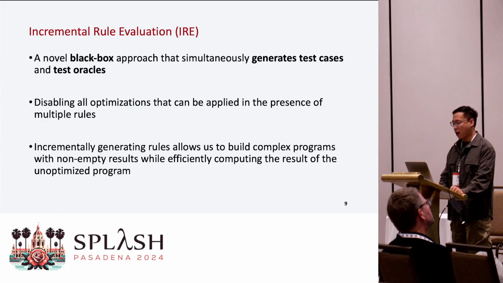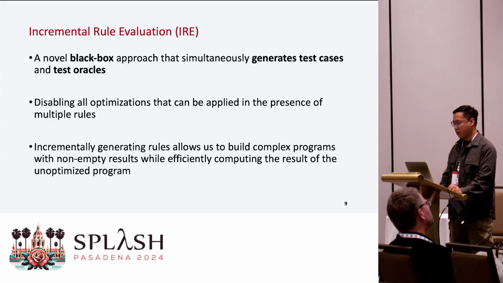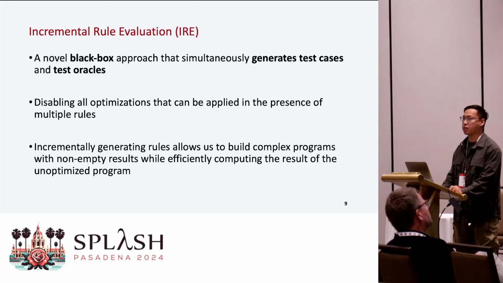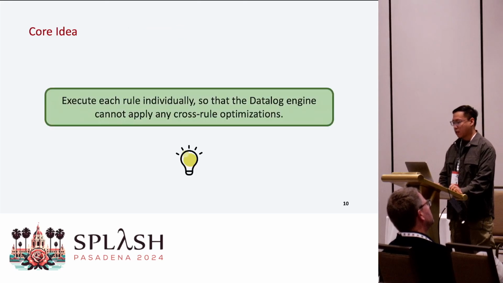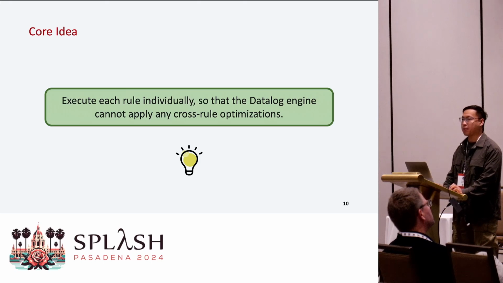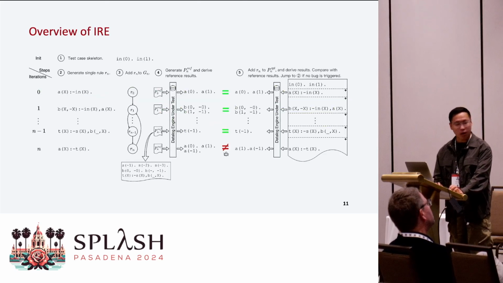This approach allows us to disable all optimizations that would typically be applied when multiple rules are present, while also enabling the generation of complex test cases that produce non-empty results. The core idea behind our test oracle is to execute each rule in the test case individually, thereby disabling all cross-rule optimizations. This is the overview of our approach.